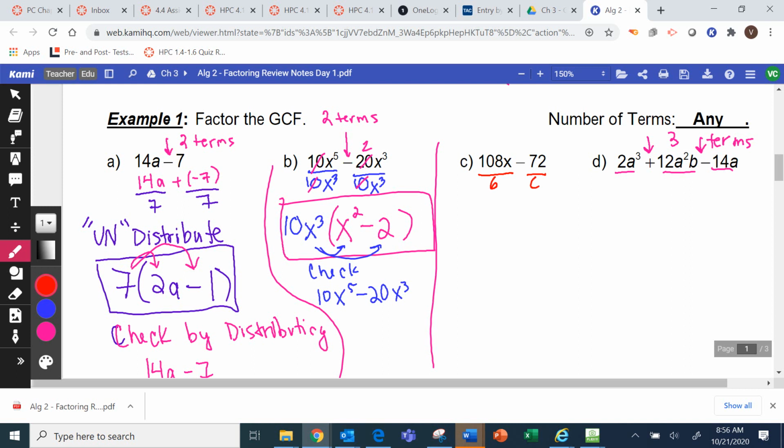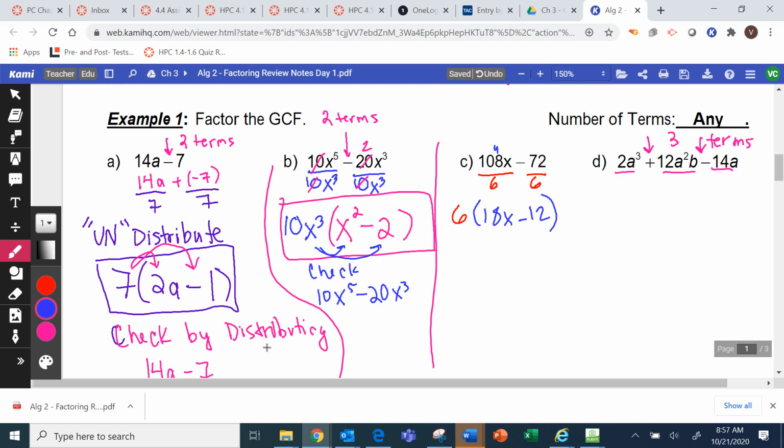If I divide by 6, I get 18x minus 12. If 6 is the answer, that means that 18x and the minus 12 have no factors in common. But they're both even. So I don't think 6 was the greatest.